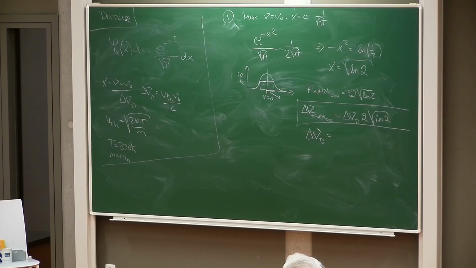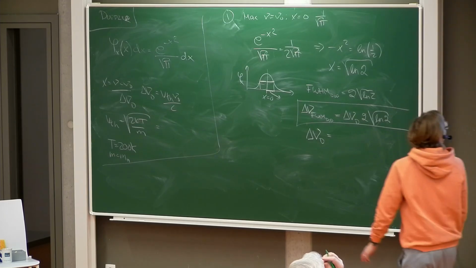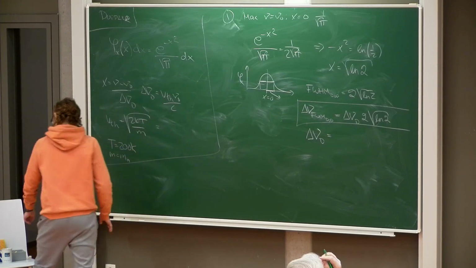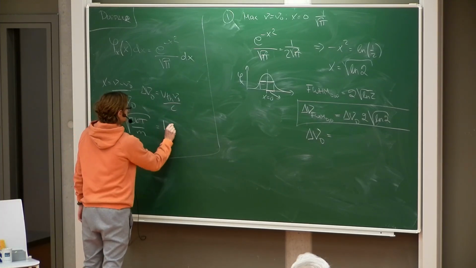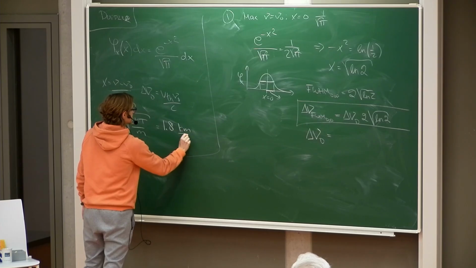V thermal is the square root of 2 times, and then I luckily have my library of constants in CGS, mass hydrogen. If I divide it by 1e5, we get 1.8 kilometers per second. So this is 1.8 kilometers per second.